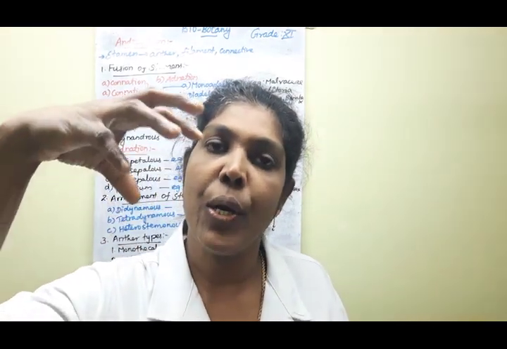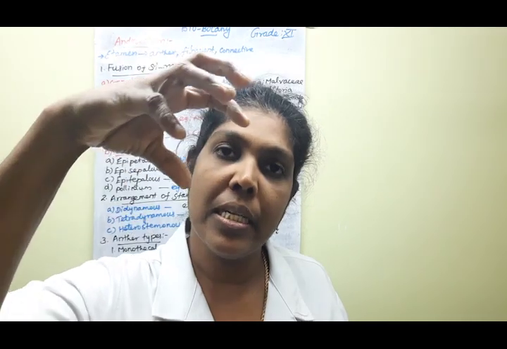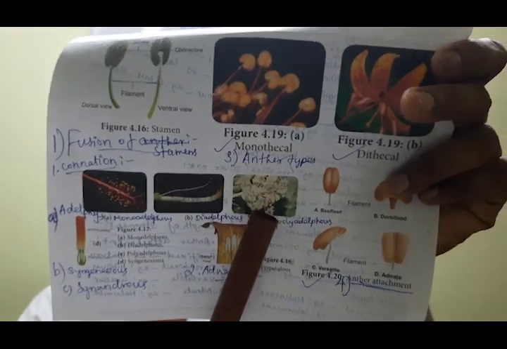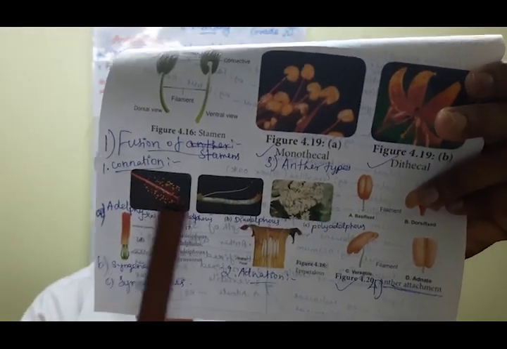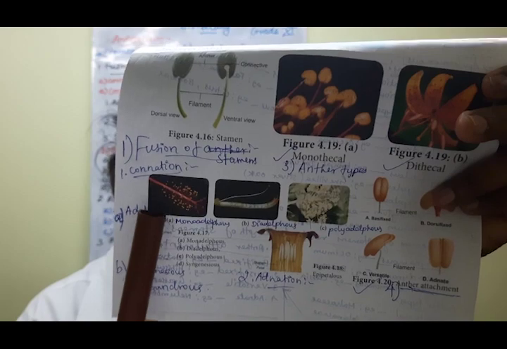The filaments are united forming many bundles of the stamens, children. That is known as polyadelphous. So the first one is monadelphous.